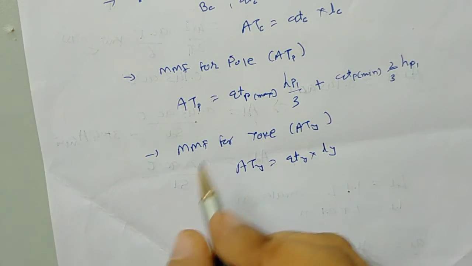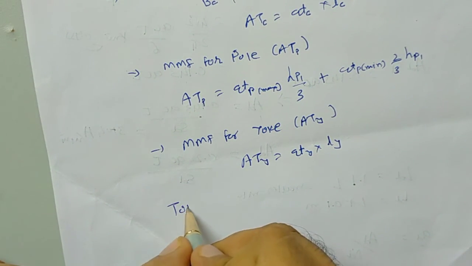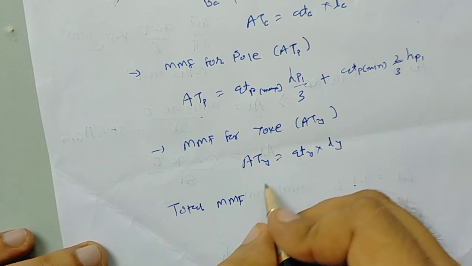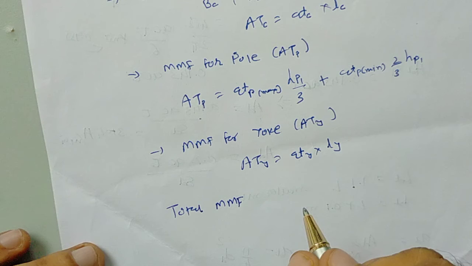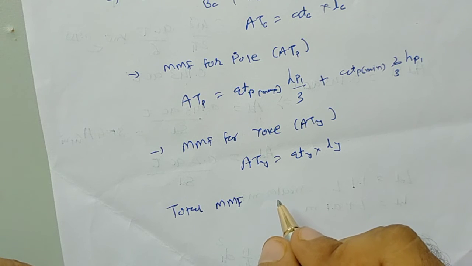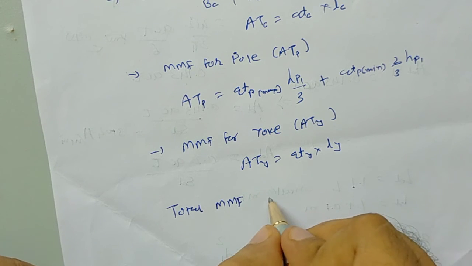Finally we can write down the equation for the total MMF required at no load. You should note down that this is the MMF required at no load, because once the load is connected to the machine, the entire characteristic inside the machine is going to change.